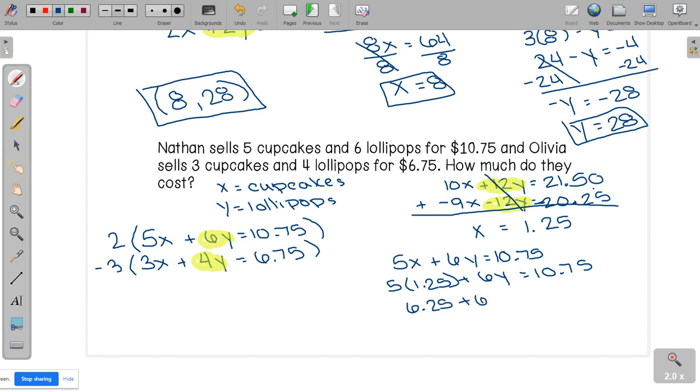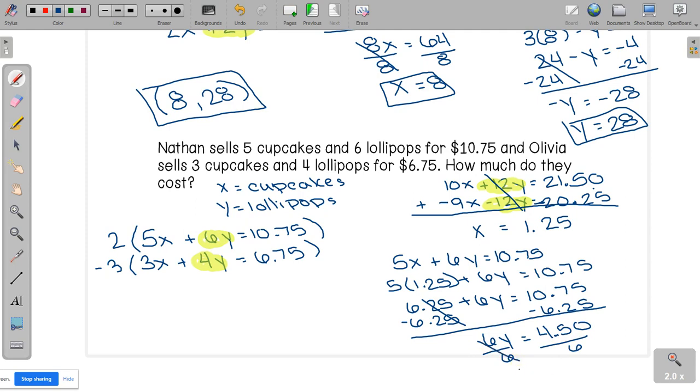Bring down everything else as is. We're going to subtract 6.25 from both sides. We get 6y equals 10.75 minus 6.25, which is 4.50. Divide both sides by 6. And we get y equals 0.75, so 75 cents.